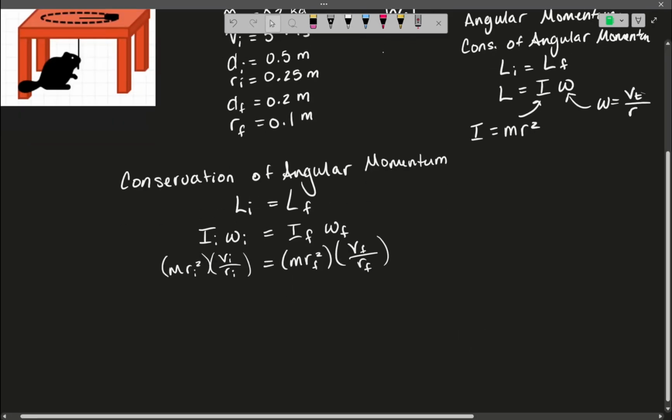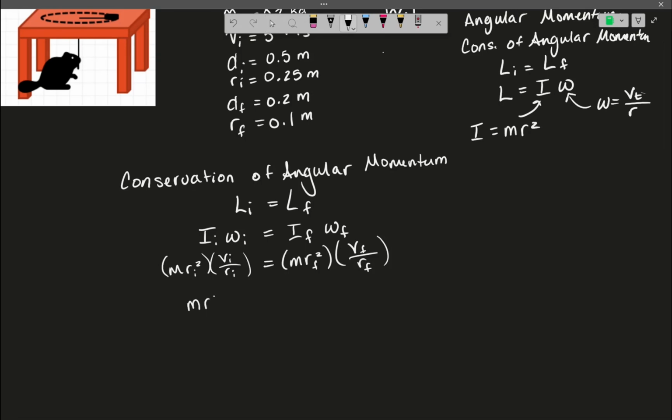I'm going to distribute this out so that you can see where I cancel things. So this is m r initial squared, velocity initial divided by r initial, is equal to m r final squared times velocity final divided by radius final. I have radius initial squared on top and radius initial on the bottom, so this is just going to be m r initial times velocity initial.